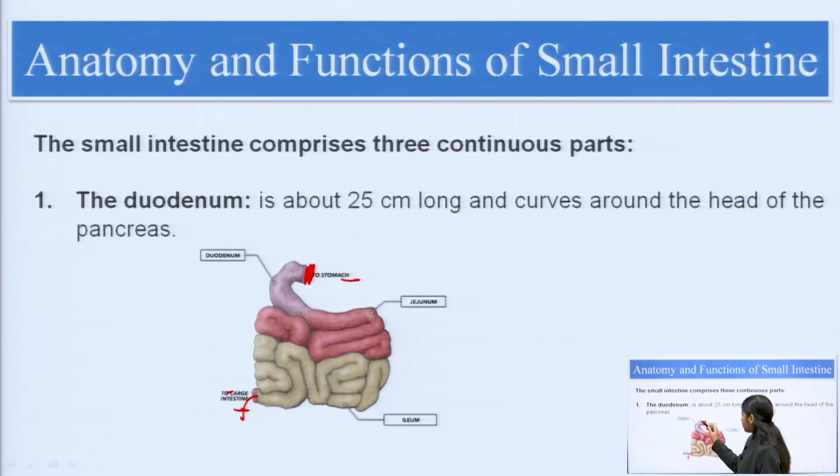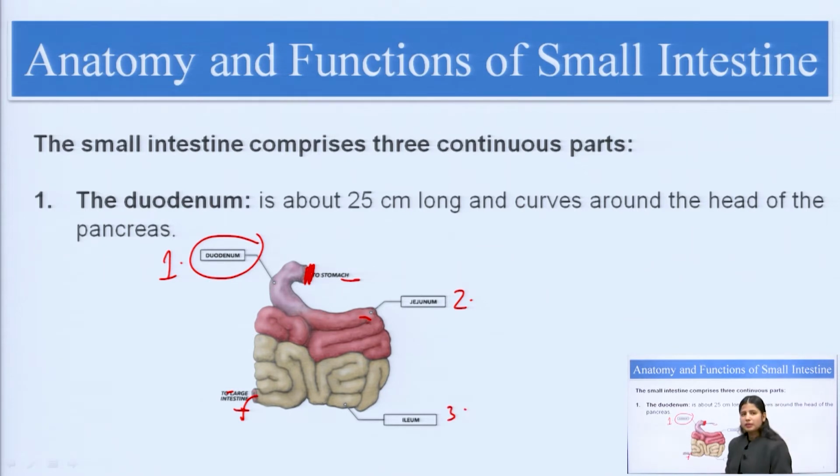The first part of the small intestine is the duodenum. There is another color that you can distinguish, and the second part is the jejunum. The third part, in this color, is the ileum.